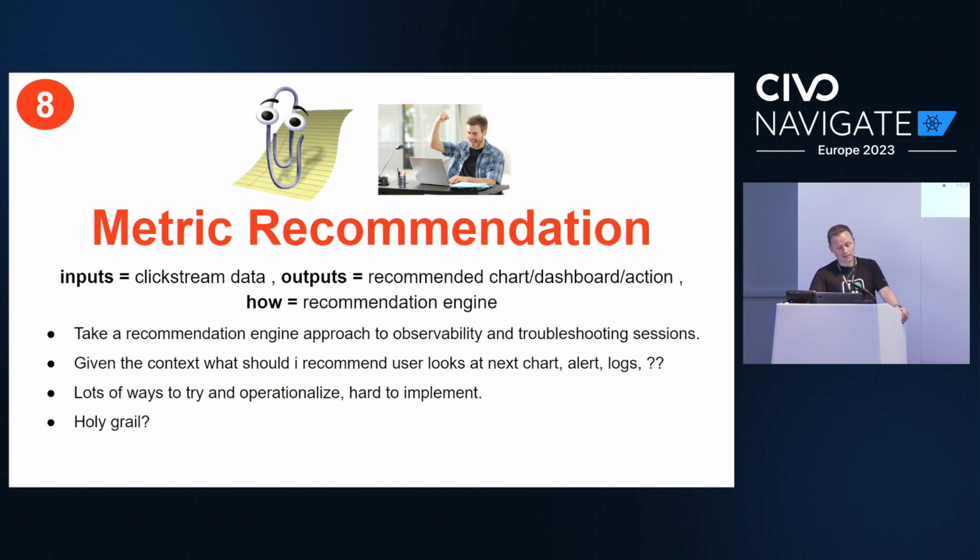And this is where we'd take a recommendation engine approach. So given the context, what should they do next? There's less here because this is actually one of the hardest ones. There are lots of ways to operationalize this and frame it. I don't think anyone's really done it well yet, because it is a big, hard problem.